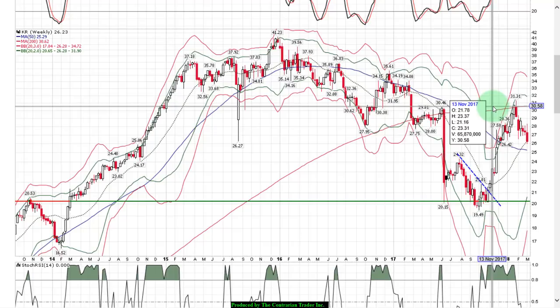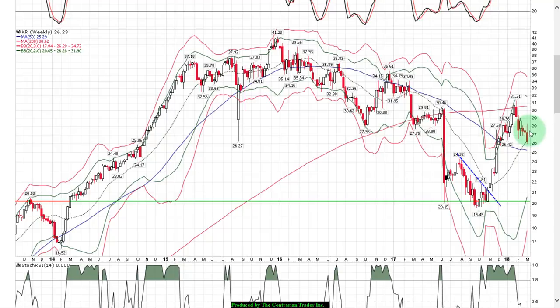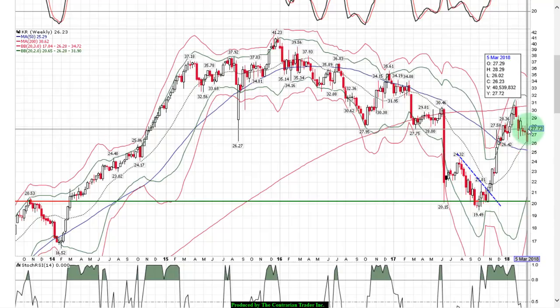Now let's talk about whether or not I'd put on a trade now. The answer is no, not right now, because on a weekly basis, we're making lower highs and lower lows. And at current, we have flashed a bullish key reversal on the week. Today is Thursday, right? So we have a couple of trading days left to go. A lot can happen. So we want to keep an open mind.